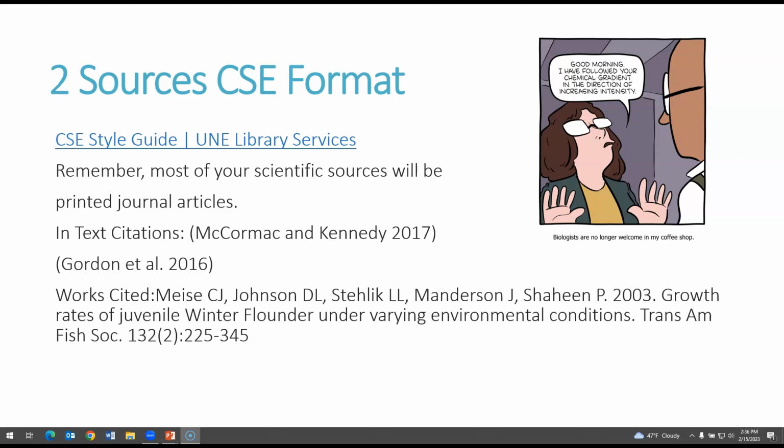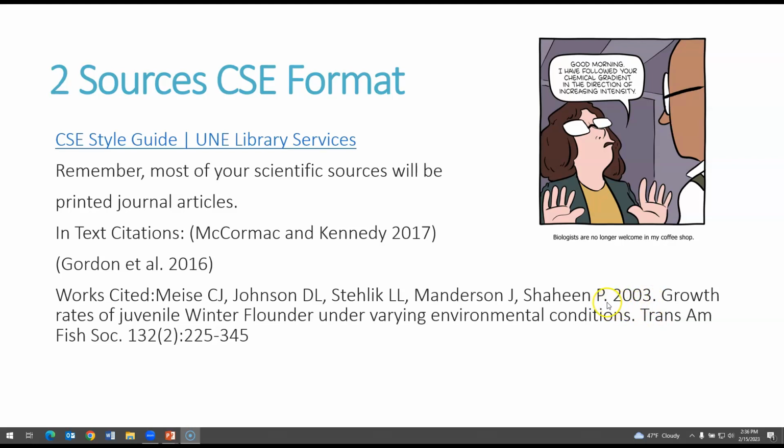and they should look like this, right? They're going to be the author's last name, first initial, second initial, all right, commas between different authors. You list them all out. So if there's more than 2, you're not putting et al., you're listing out all the authors. Then it's going to be the year, and you'll notice that there is a period here in between our authors' names and then the year.